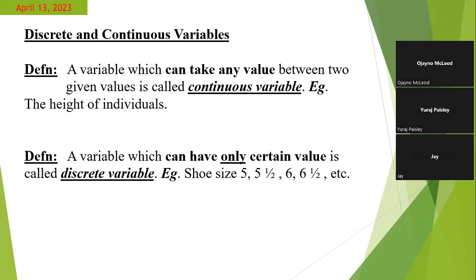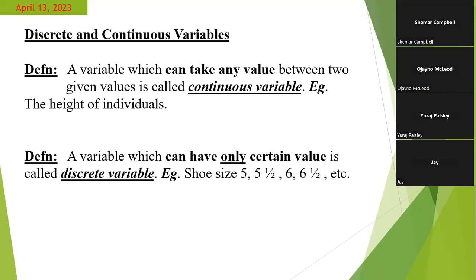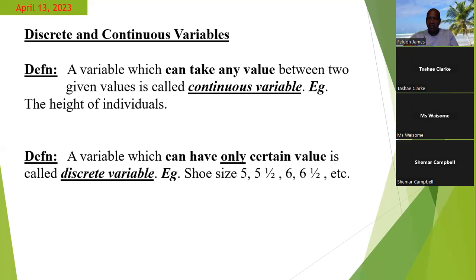So I guess the continuous variable would be more permanent, sir, or constant. Sounds like you understand what a continuous variable is, Mr. Campbell. Mr. McLeod, let me pronounce the name properly. Mr. Ojeno, you can explain to us what you understand by continuous.